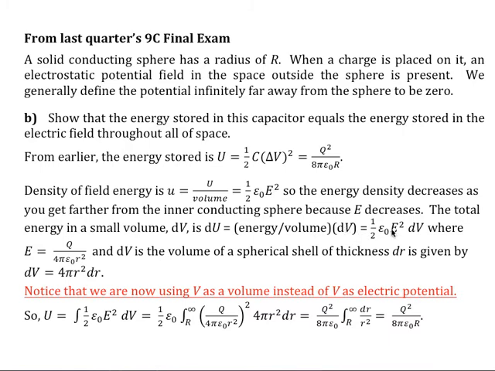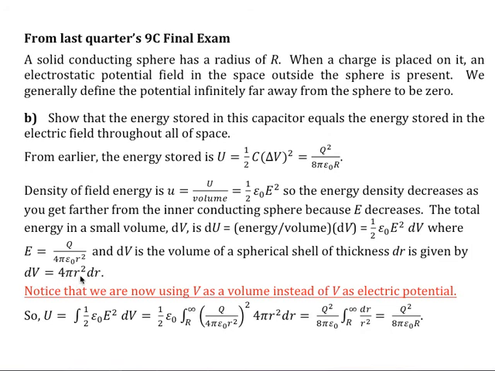Because this energy density depends on the electric field, and the electric field depends on R, the distance from the center of the sphere, this dV, this differential volume, is best written as something that depends on R. In spherical polar coordinates, the integration over the angle variables gives you 4 pi, and the rest of dV is r squared dr.